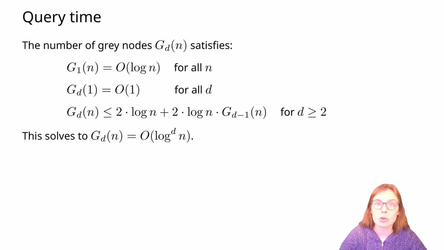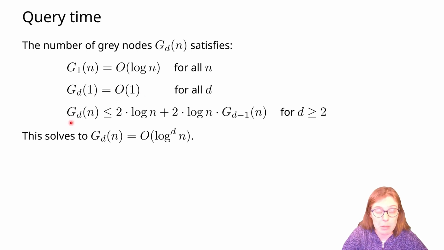Using a similar approach, we can estimate the number of gray nodes that are touched by a query algorithm. In a one-dimensional range tree on n points, the number of gray nodes is of order log n. On the d-dimensional range query built on one point, the number of gray nodes is constant.